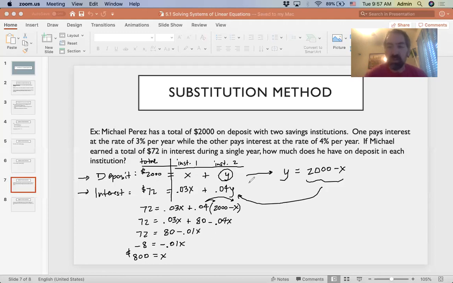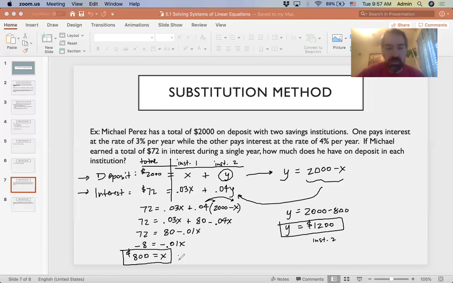Following the substitution method, substitute 800 into the X in Y equals 2,000 minus X. 2,000 minus 800, that's the 1,200. Okay. So 1,200, that's institution 2. The 800, that's institution 1.